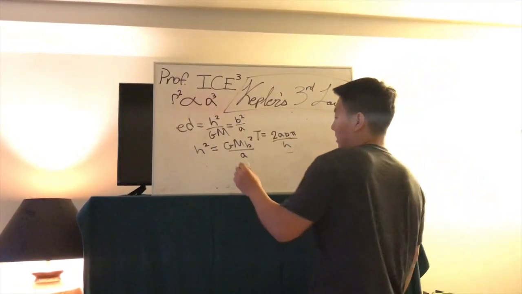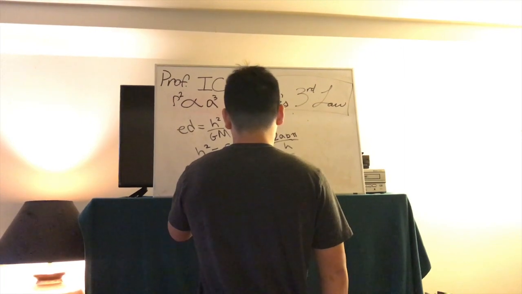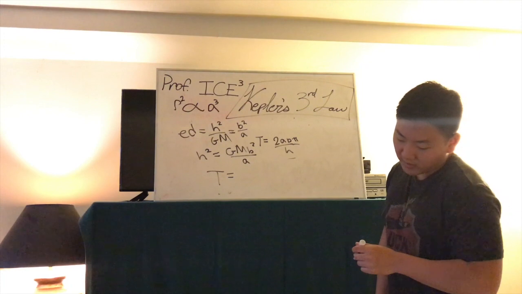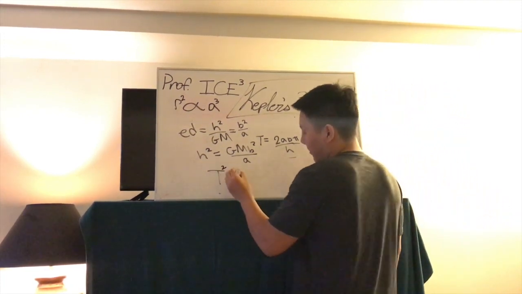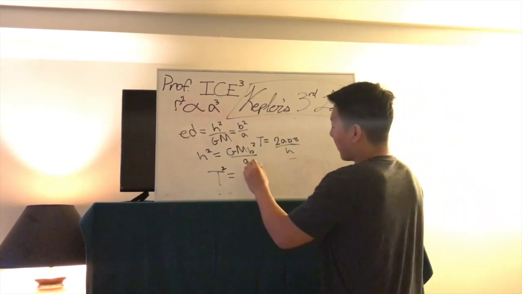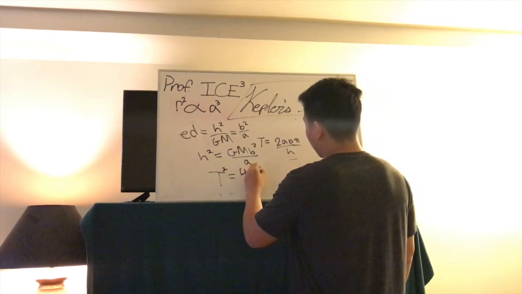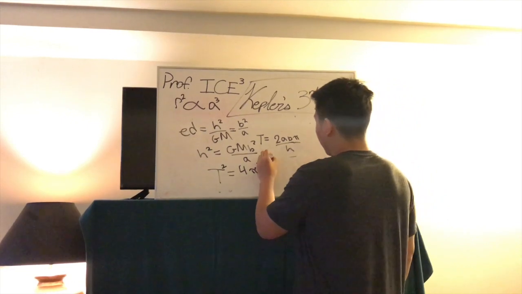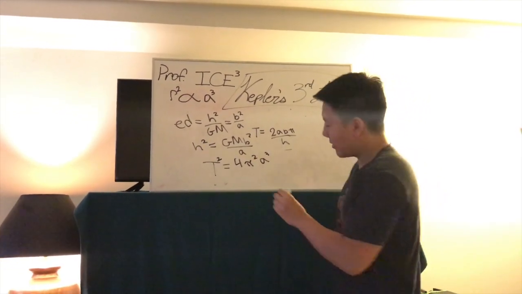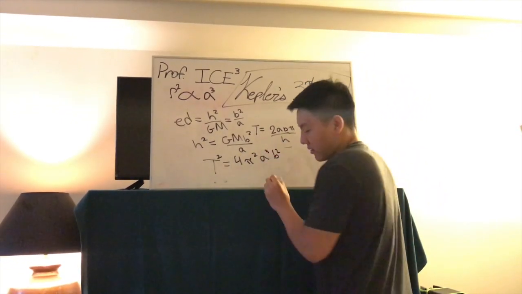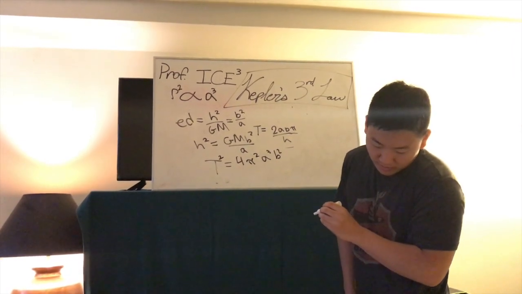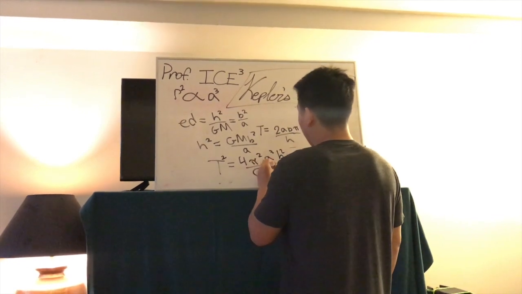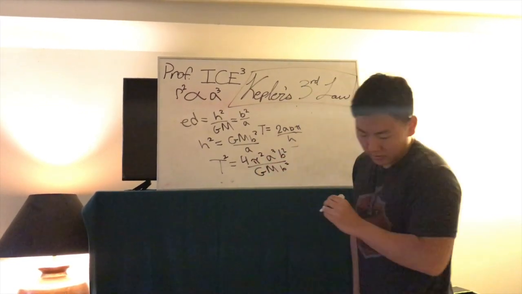We would get T squared equals 4 pi squared a cubed b squared over g m b squared.